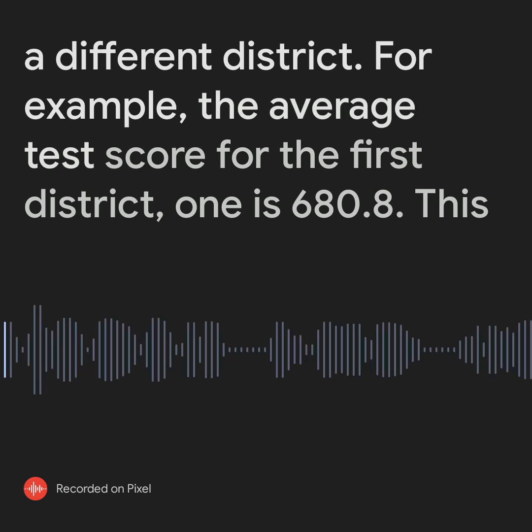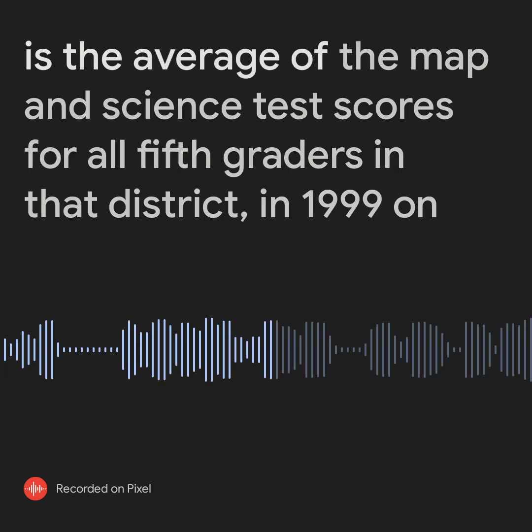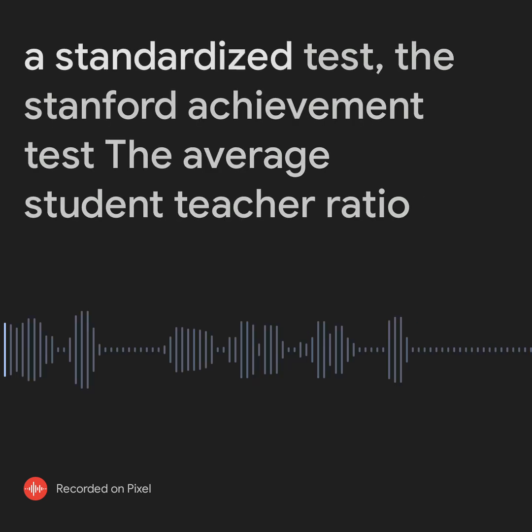For example, the average test score for the first district, District 1, is 680.8. This is the average of the math and science test scores for all fifth graders in that district in 1999 on a standardized test, the Stanford Achievement Test.